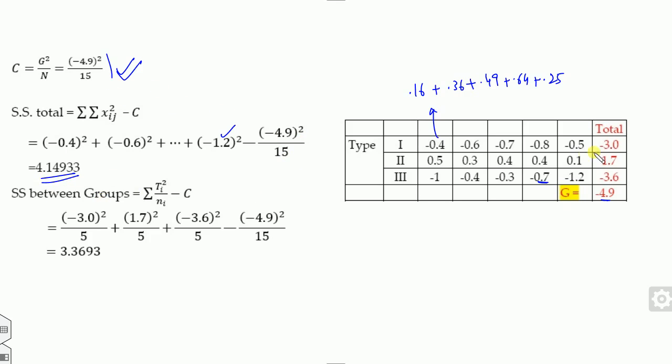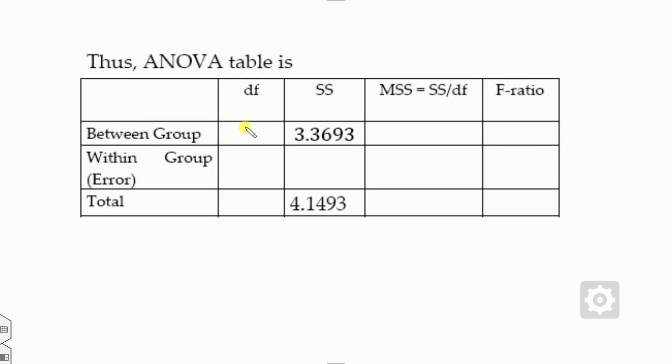Similarly, for the groups, the total minus 3 whole square, divided by 5, the second number is 1.7 square divided by 5, the third number is 3.6, minus C. This is my C. You will get this number. Okay, so now you can go into the table. I already calculated this, so after this you can subtract them.